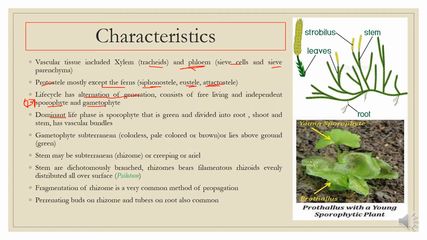In fact, the bryophytes do not have a vascular system, unlike the pteridophytes. The bryophytes, such as Riccia, Marchantia, have the gametophyte as the dominant phase. If you notice, Riccia, Marchantia, or even Sphagnum, have reproductive organs in the dominant phase.